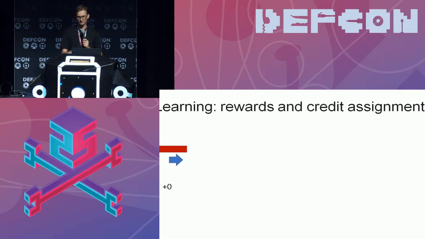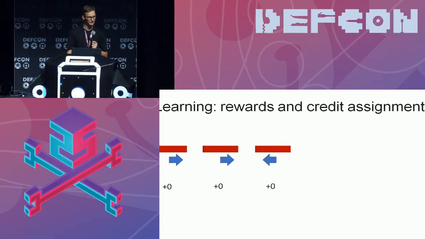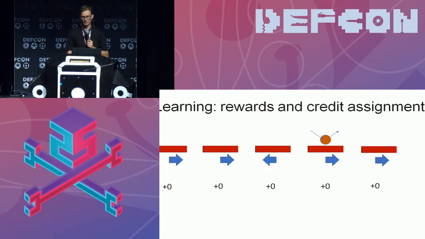So in the Atari example, when I move my paddle right, there is no reward for that. I get no points, right? But I'll move it again right by chance, move it left by chance, move it right, and by some stroke of luck, the ball bounces off my paddle. Again, no points. I move right again, but eventually that ball goes and breaks a brick, and I get some points.